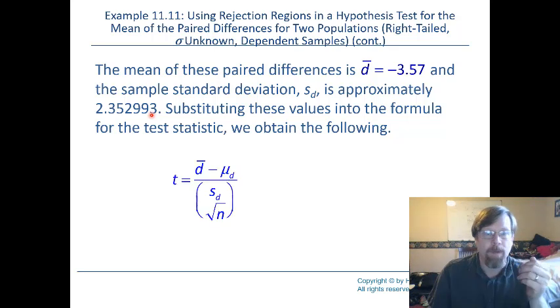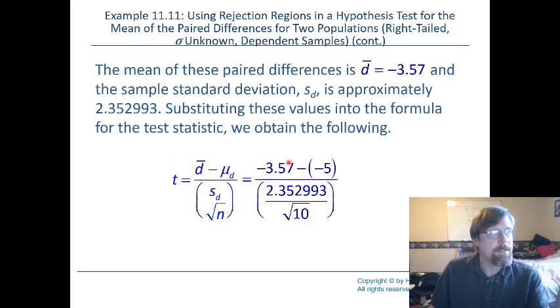We can put this into our formula here. There's our mean paired difference right there. This is our presumed difference from our hypotheses, so that should be a -5. It's our standard deviation there, and we had 10 pairs there. And that comes to approximately 1.922.